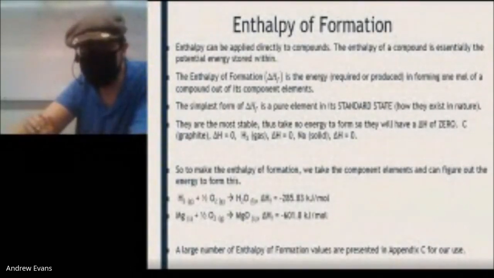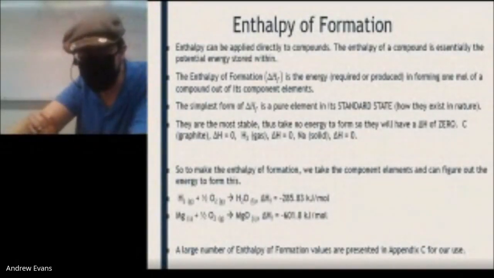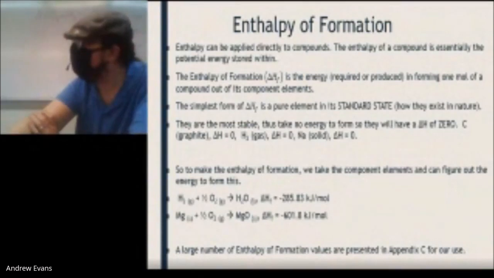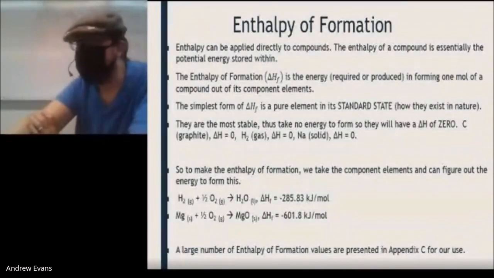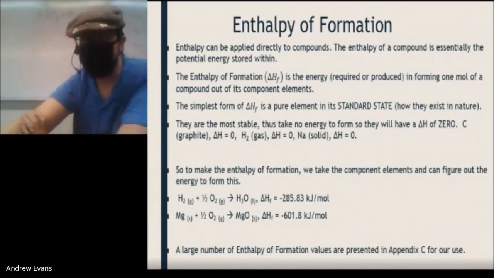But for every pure element in the standard state, the value is 0. So if I say chloride, chloride is different from chlorine gas. If I say sodium solid, that's 0. But if I say sodium ion, that has a number because that's not its standard form.